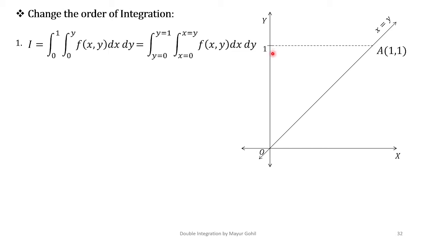Recall the theory from our previous videos: when dx dy is given, a horizontal line is passed across the region. So just draw a horizontal line. Where does the horizontal line first enter? It enters at x equals 0 and exits at x equals y. That means it enters at x equals 0, the y-axis, and exits at the 45-degree line over here.